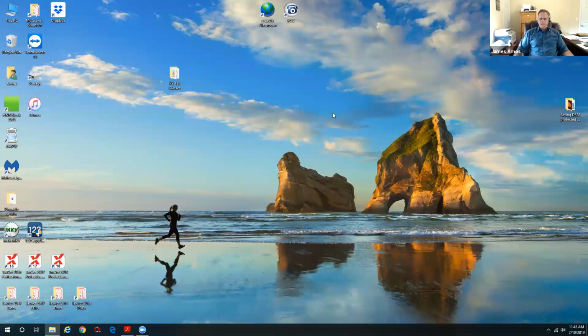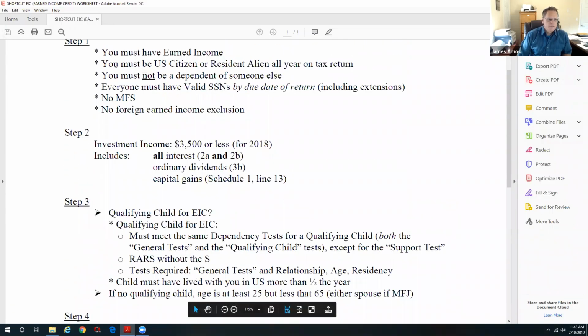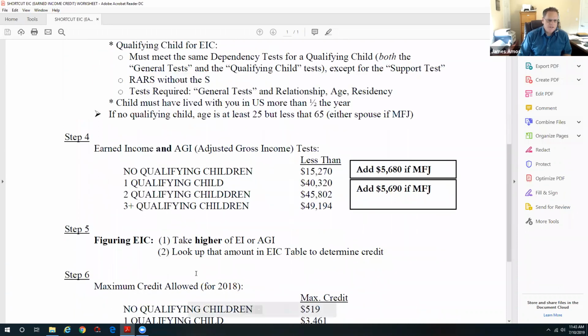The sheet that I gave you, this is why I think you ought to print it out and literally memorize the first few steps. The first few steps are the most critical for keeping this straight. Steps 1, 2, and 3. If you can keep those things straight, the rest of it is fairly easy.